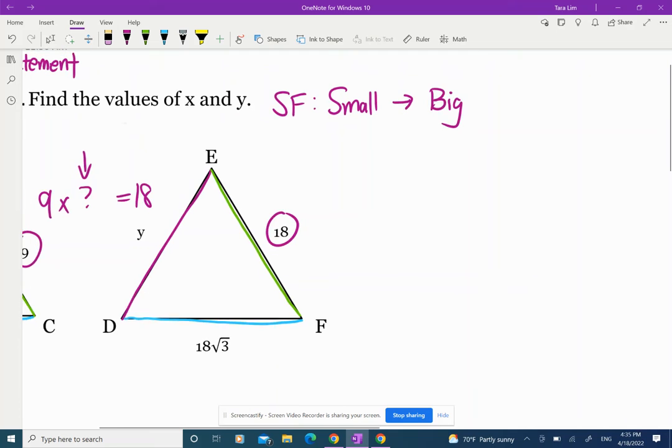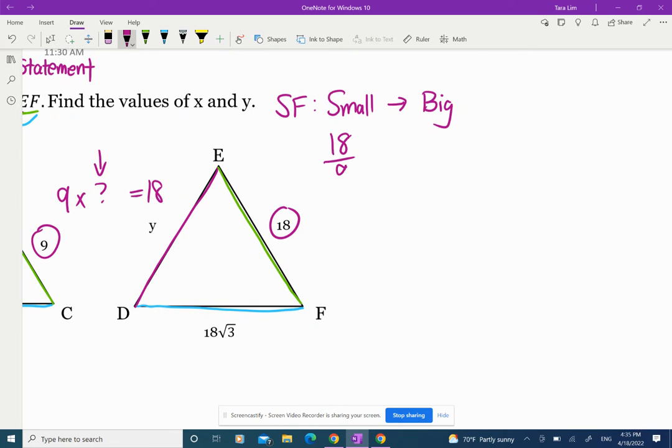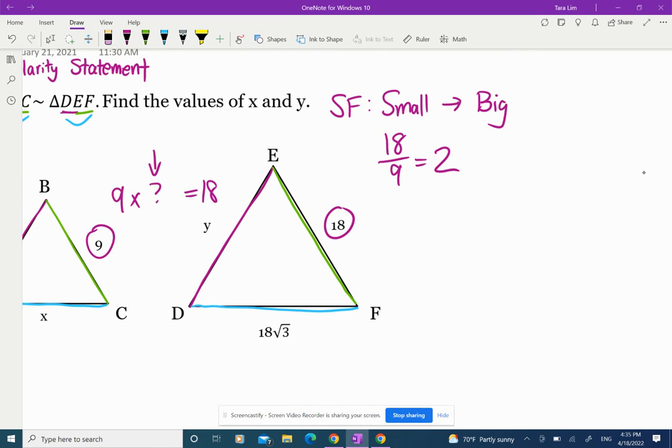So the fraction is 18 over 9, and the reason it's not 9 over 18 is because that is smaller than 1. If we simplify this, it's equal to 2.